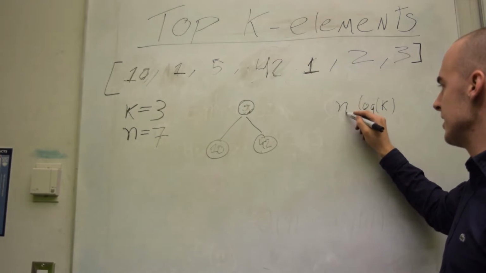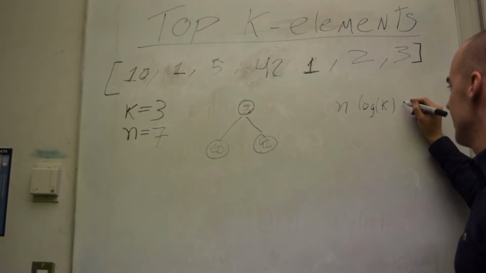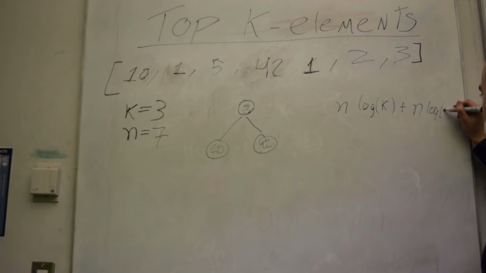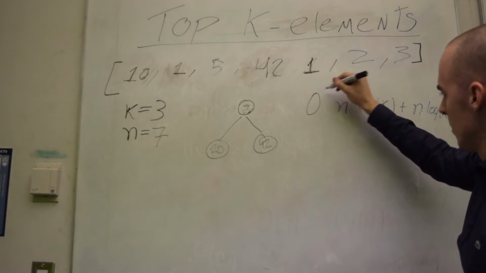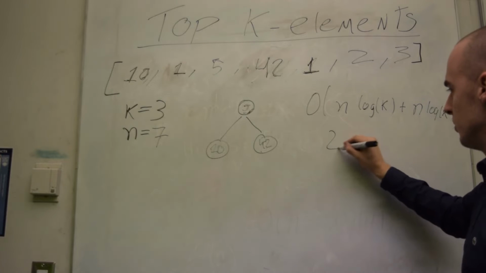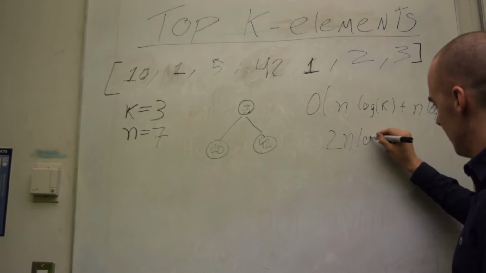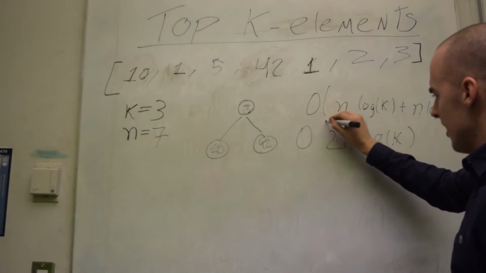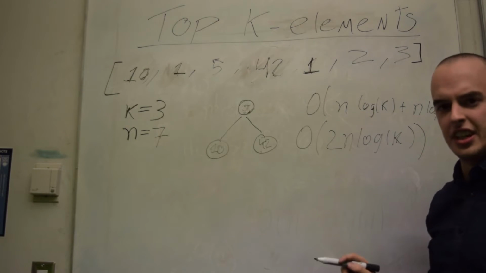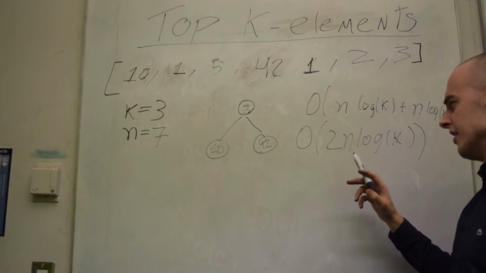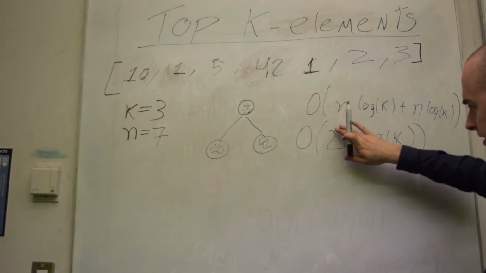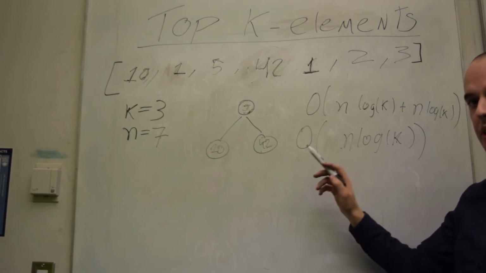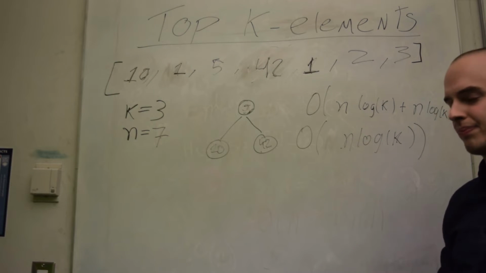So these replacements would take log k time, and the insertions for every element would also take log k time. We can simplify this to 2n log k. Big O is interesting since asymptotically we don't really have to worry about constants, so we just say that this runs in big O of n log k time.